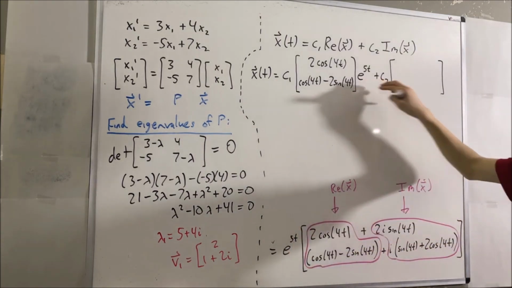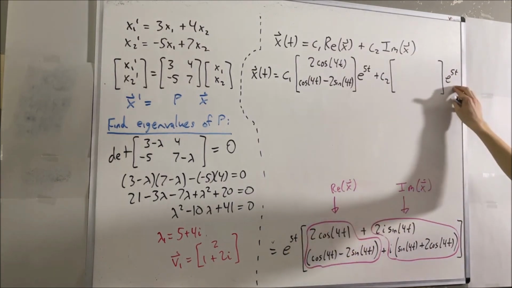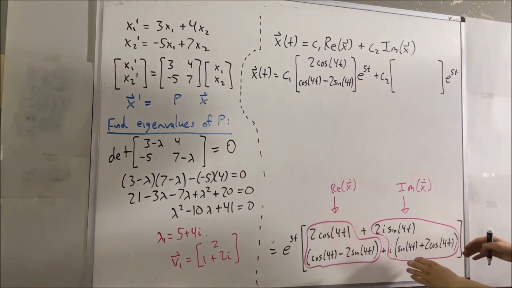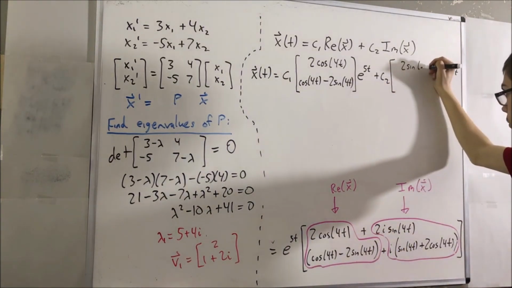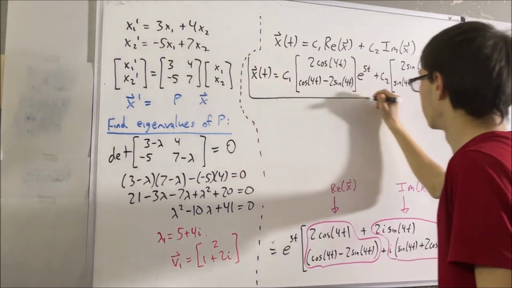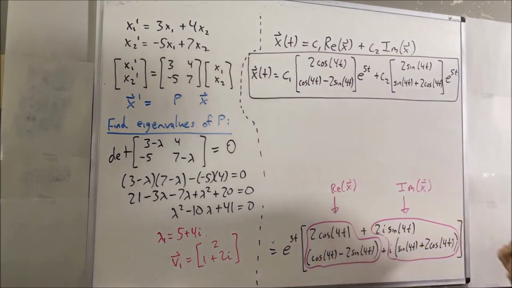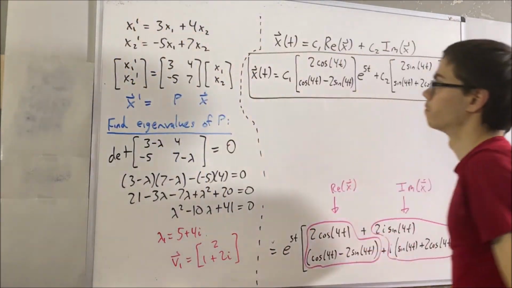But just like for the real part, I'm going to keep it on the outside like that. So basically, we're going to write these two entries without the i. And so this would be our final answer, right? This would be the general solution to this system.